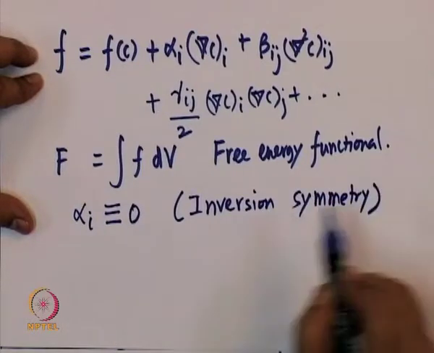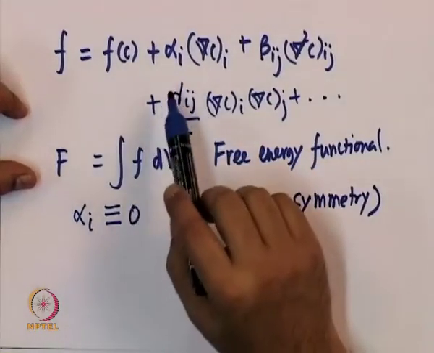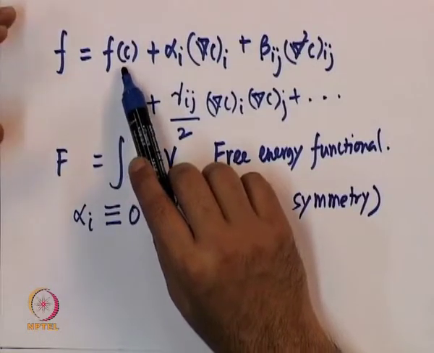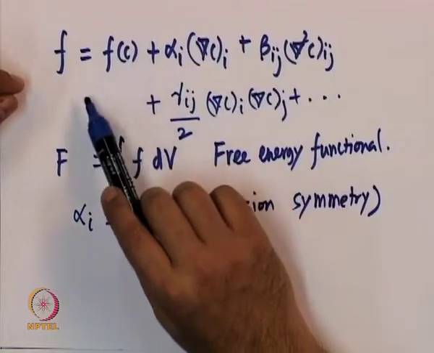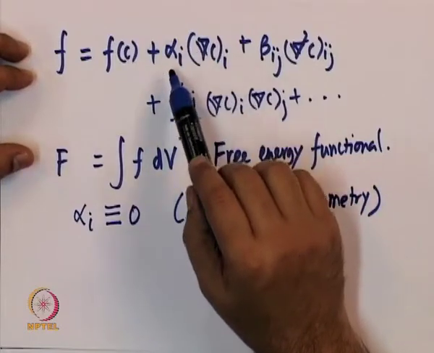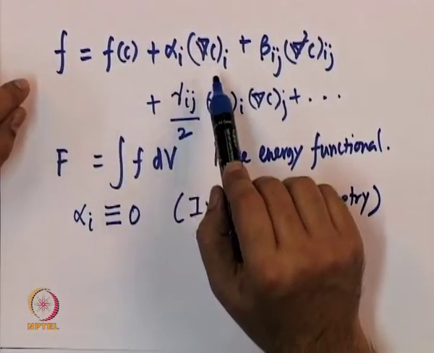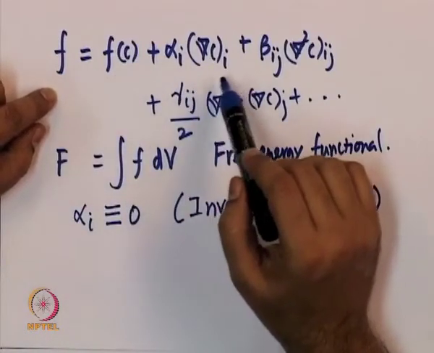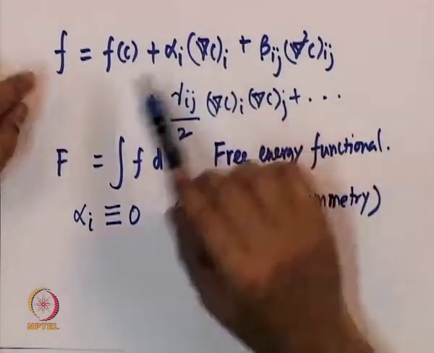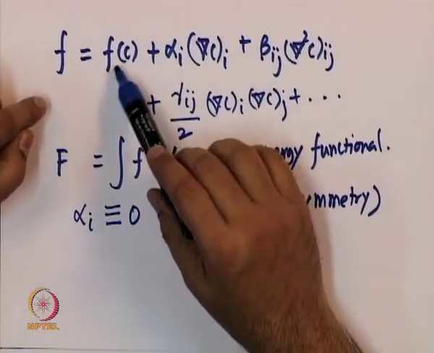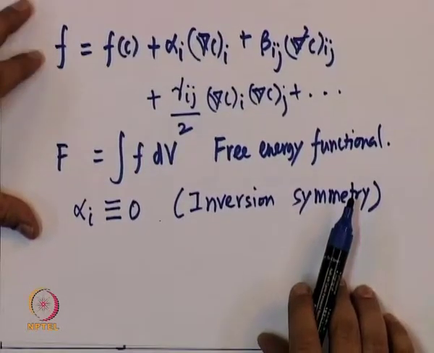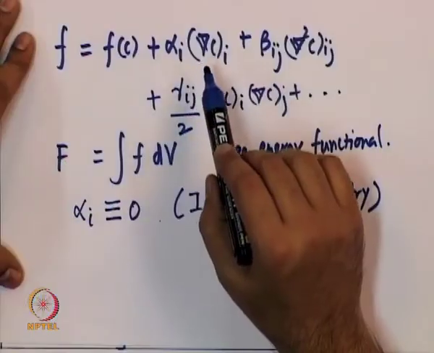The other way to also say that this term is 0 is to say that we are going to look at free energies which are going to have a minima at some C value, and about the minima then the condition would be that you can't have any such first rank terms, because they will change sign if you go either way. If you take very small changes in composition, this term will be positive in one case, negative in the other case. So, you will not get a minima if you add this term. So, you want to make that 0.